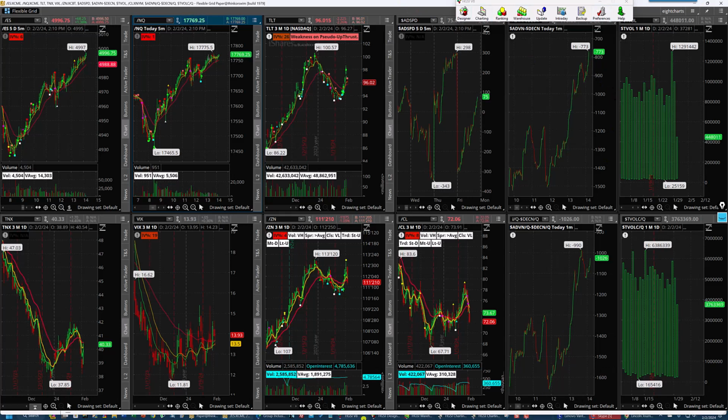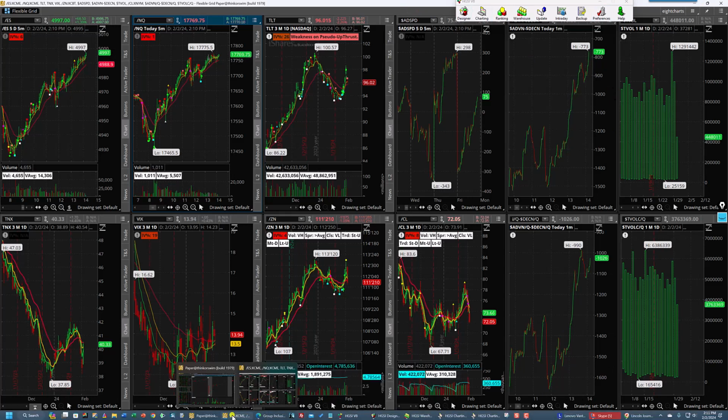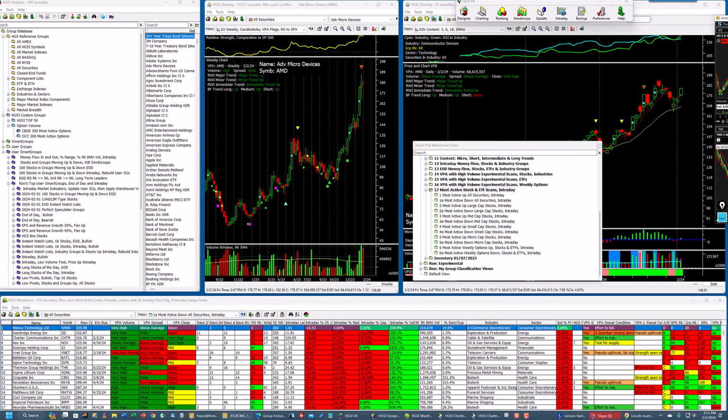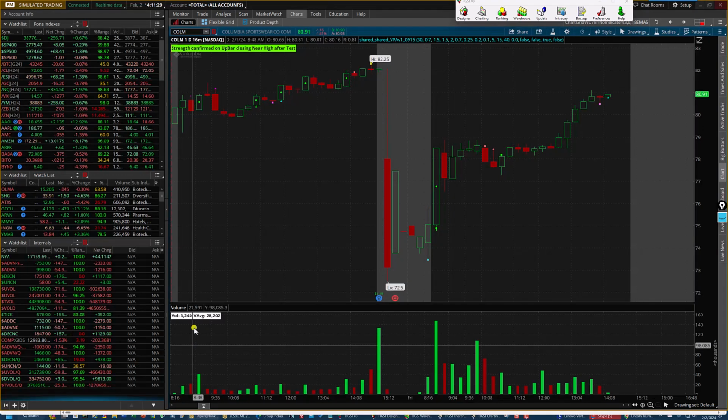Let's see if I can find another quick chart here. I don't think I have it in this version. This is paper money, which I like to use for testing ideas. Like I mentioned before, you can open both paper money and the regular version of Thinkorswim on the same computer.